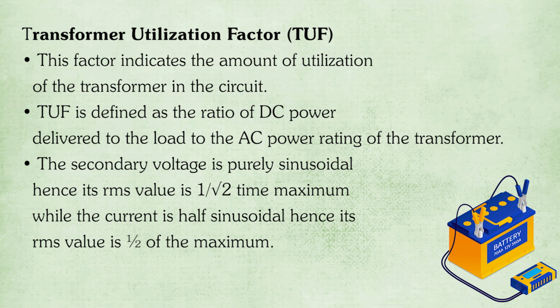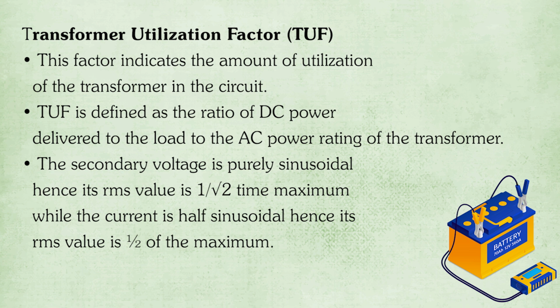So, a factor called transformer utilization factor is calculated to find out the amount of utilization of the transformer in the rectifier circuit. So, it is defined as the ratio of DC power delivered to the load to the AC power rating of the transformer. That means, the ratio of the DC power delivered, that means the power obtained at the output, divided by the AC power rating of the transformer, the power rating of the secondary side of the transformer.